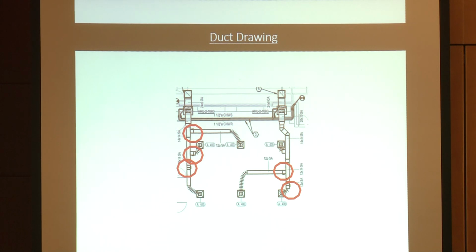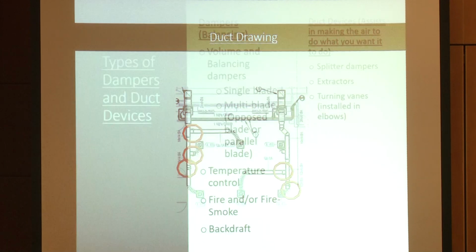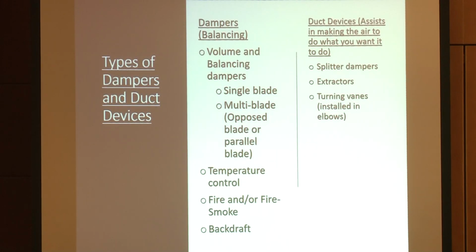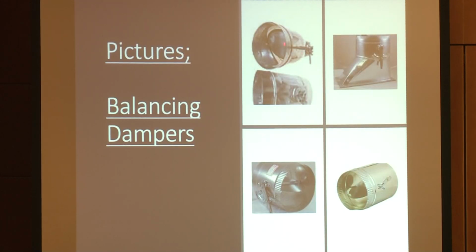This is a typical layout of ducts, and you're going to see all kinds of balancing dampers here. This is how we balance the air coming out of these grills. We do that with these little balancing dampers, and they're very simple. There are a lot of different kinds, but they all pretty much are the same, right? They're just a little damper in the duct with a little handle that you adjust open and closed, okay?